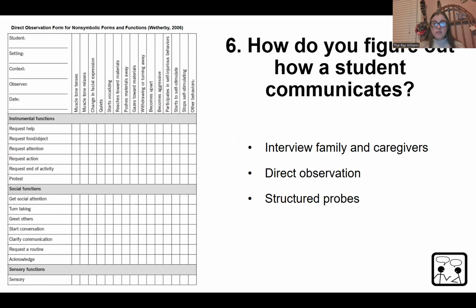Do they reach for materials that they want? With this direct observation form, you can look at things like the instrumental functions, the social functions, the sensory functions. This is a great way to figure out how students at that non-symbolic level, or even that non-intentional level, communicate with the world around them.